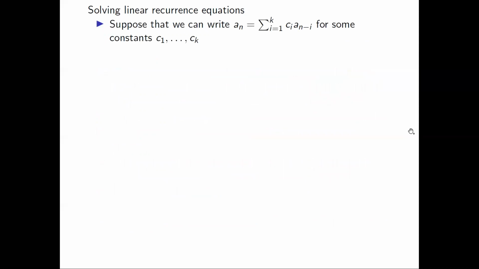So suppose that we have some general linear recurrence equation. A general linear recurrence equation we can write in the form a sub n equals the sum from i equals 1 to k of c sub i times a sub n minus i, where c sub 1 up to c sub k are some constant coefficients.